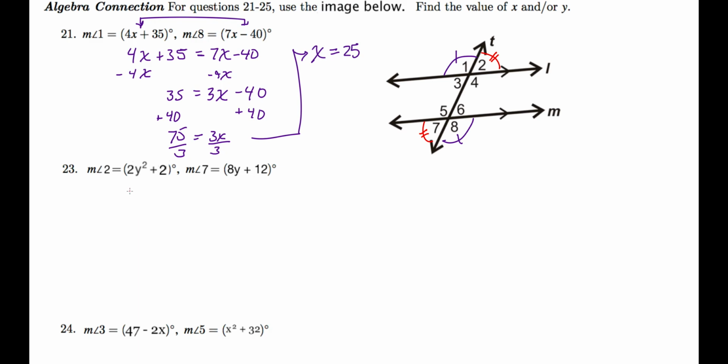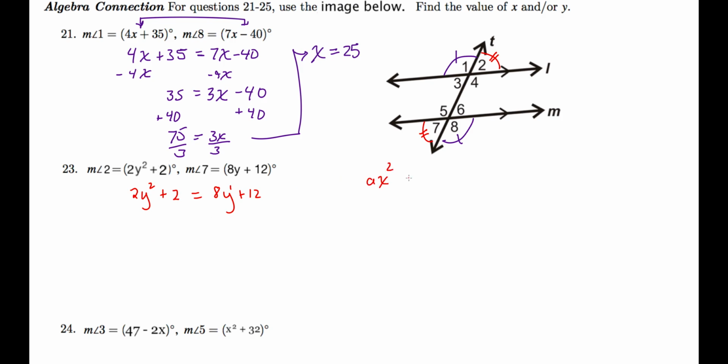Alternate exterior angles are congruent, so I can say 2y squared plus 2 equals 8y plus 12. I have a power of 2 and a power of 1 here. I'm not going to be able to solve this as a linear equation. This is a quadratic, so I need to put this in standard form.